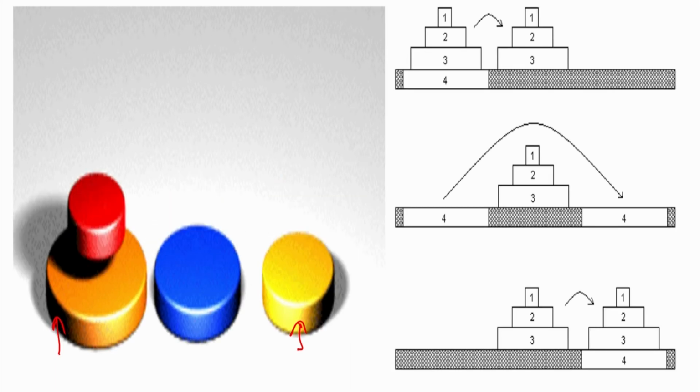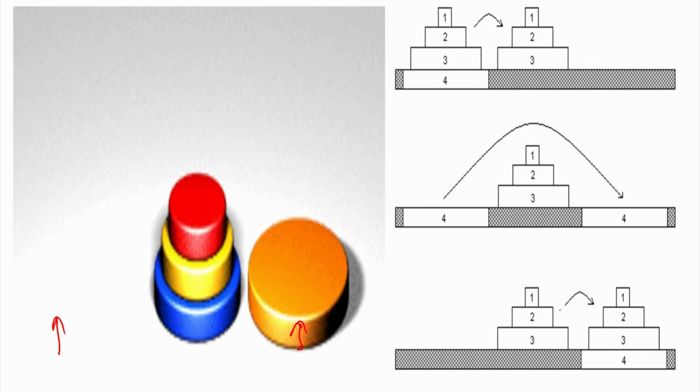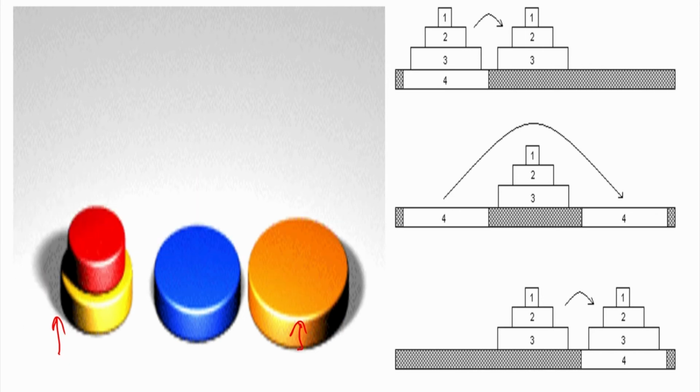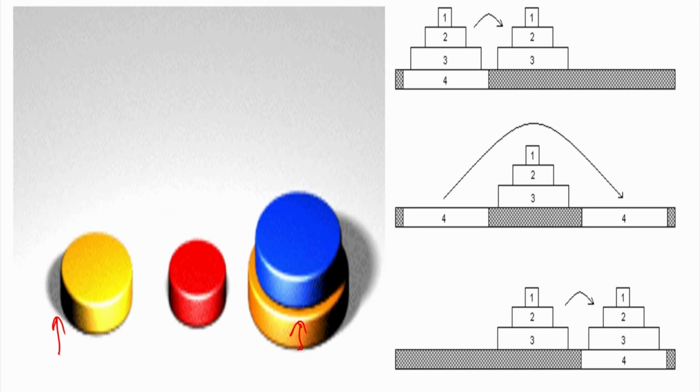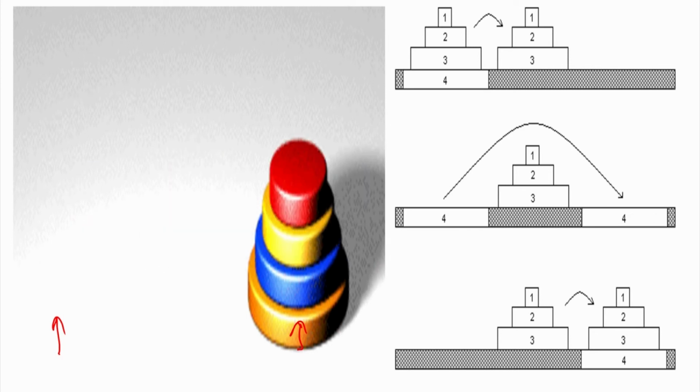This is how the solution really looks like moving from this state to this state. You have to realize that the problem has to be broken down into sub parts. There are certain constraints, and if you break the problem into sub parts, you will be able to solve this problem.